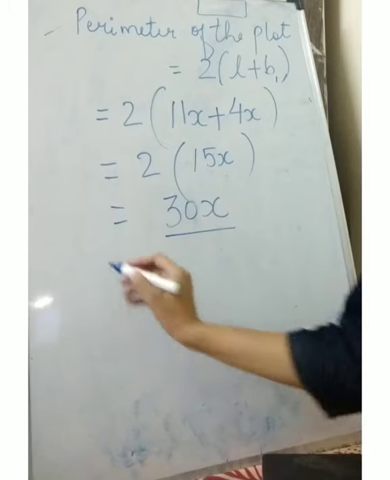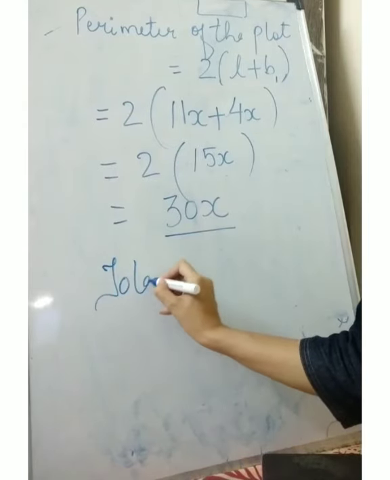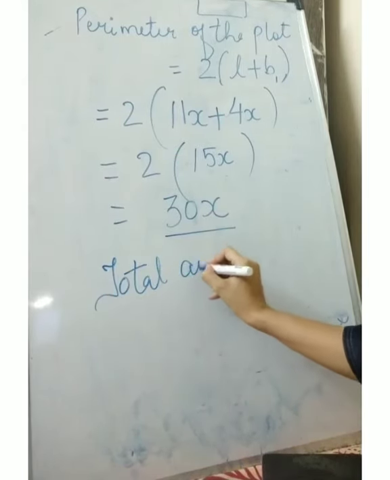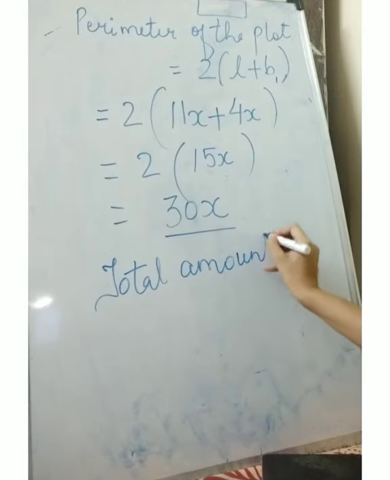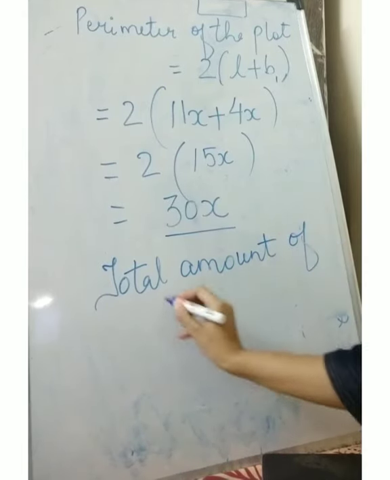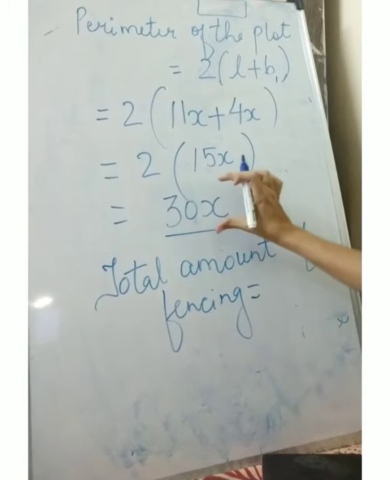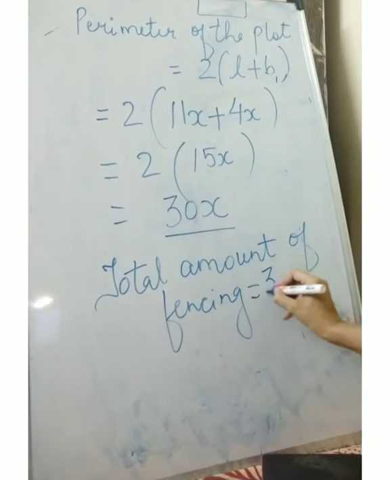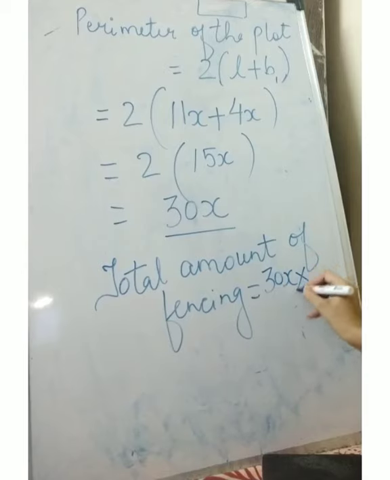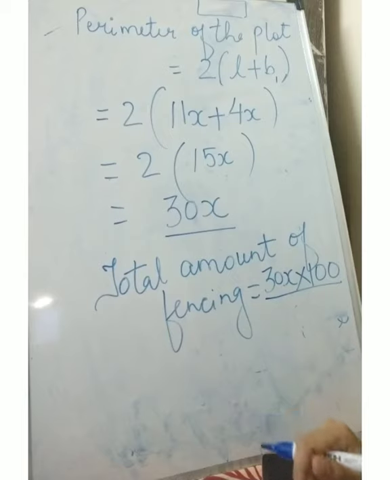Now we will find the total amount of fencing. The total perimeter of the plot is 30x, and for 1 meter they are charging 100. So we have to find out the total value.